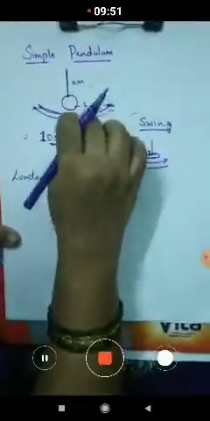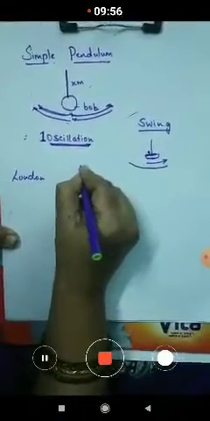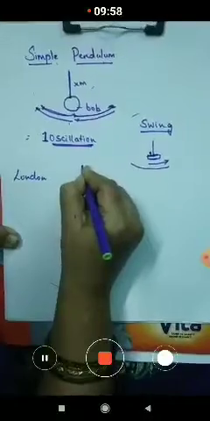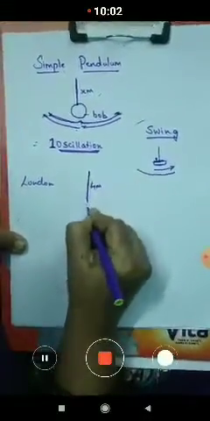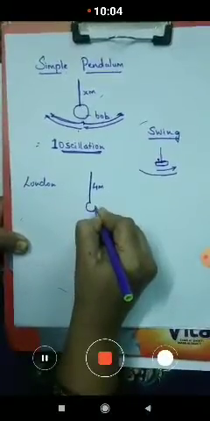Now in London we have the biggest and the longest pendulum clock. The length of this pendulum clock is 4 meters, and there is a bob made up of metal.